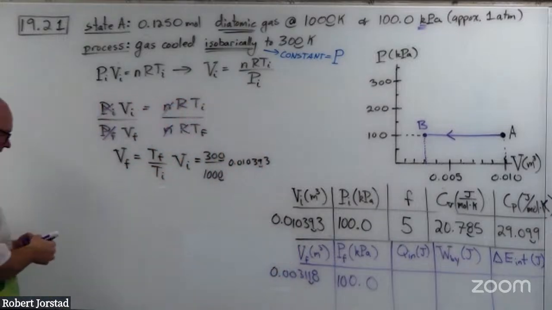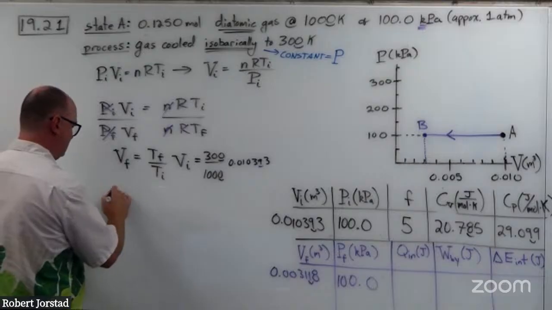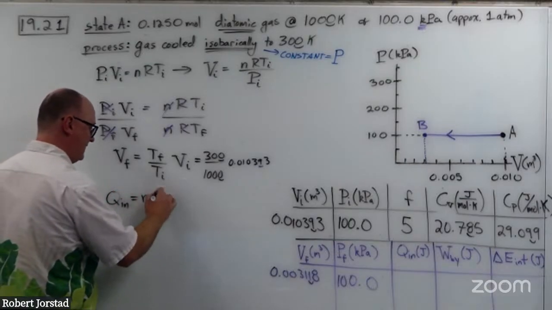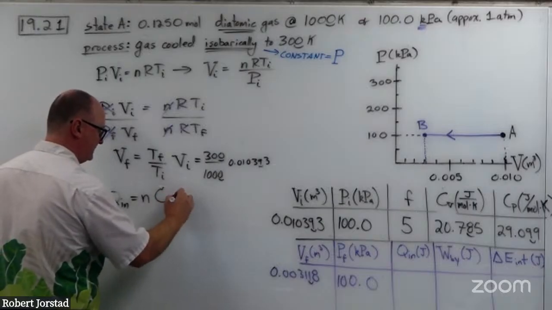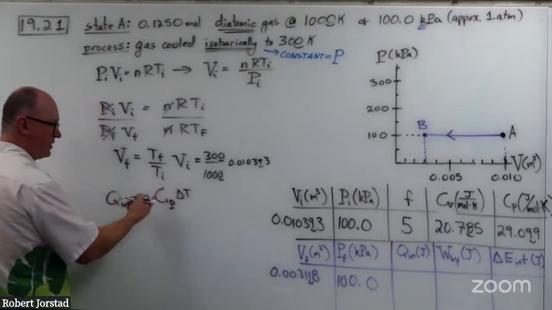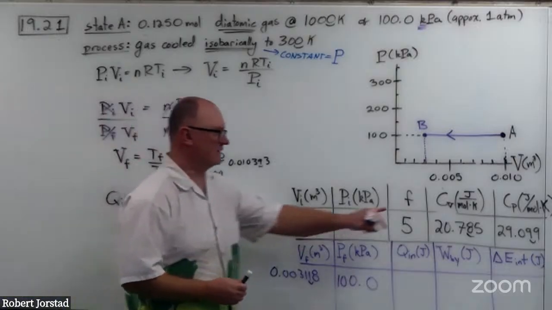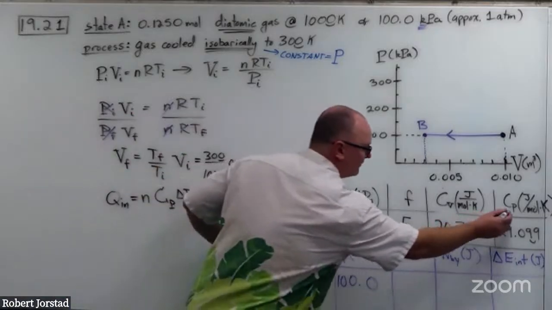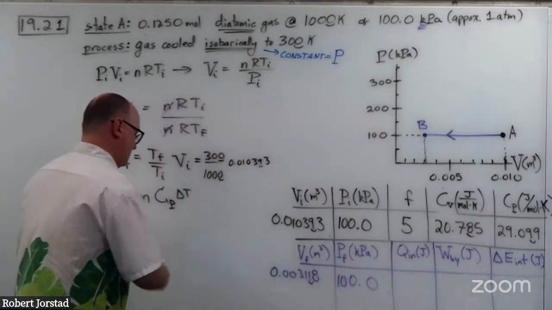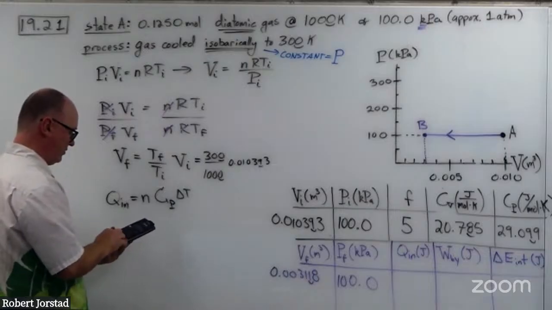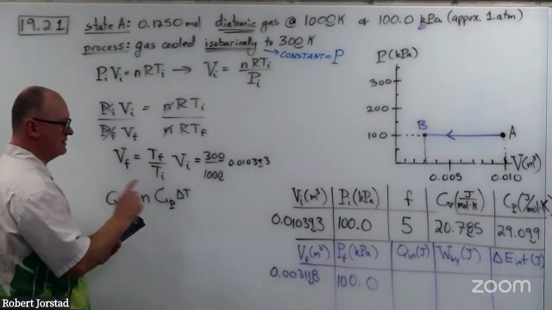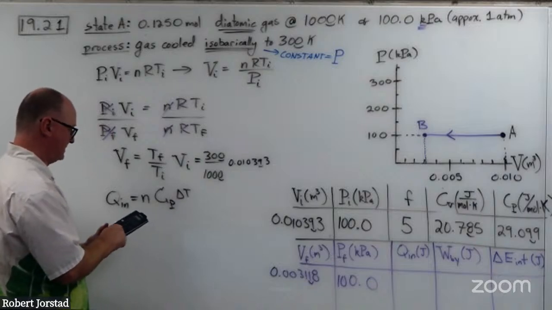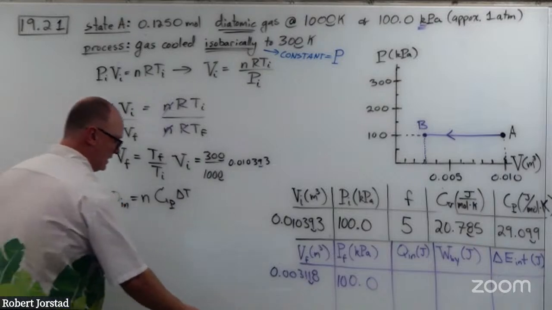All right, Q in. How do I get Q in? You can pause the video if you want. 3, 2, 1. nCP delta T. This is a constant pressure process. We do not use CV. We use CP for constant pressure. Now what's our n? 0.1250 times CP, which was 29.099, times delta T. What is delta T?